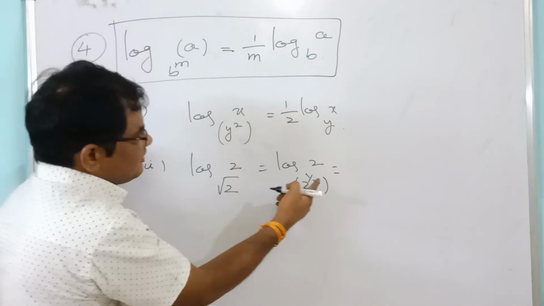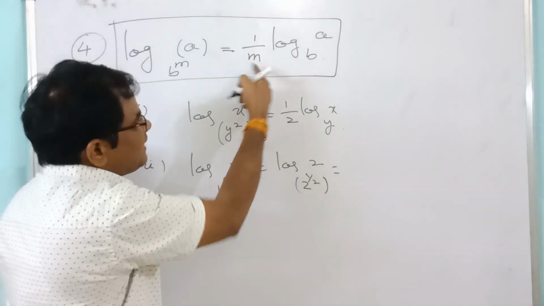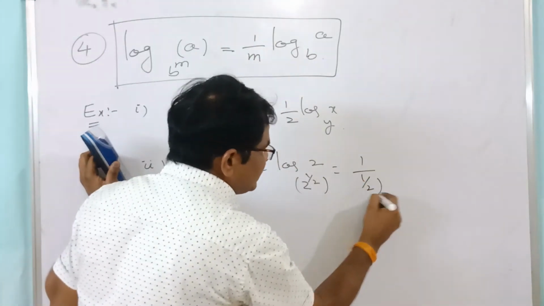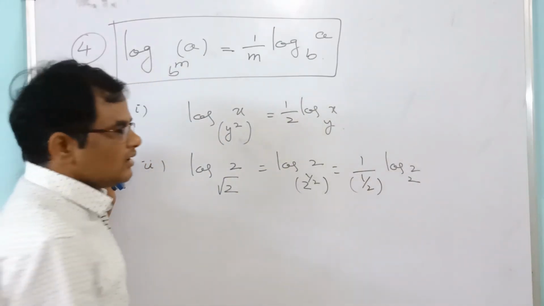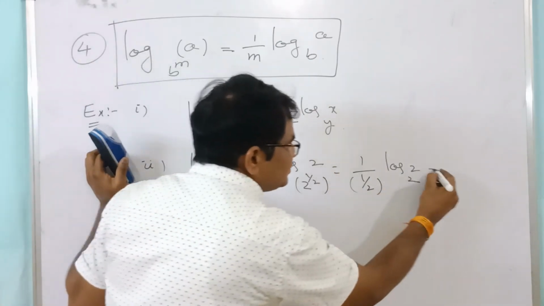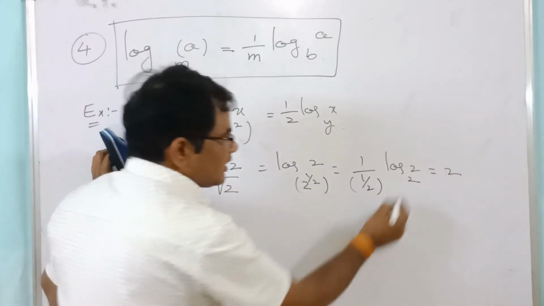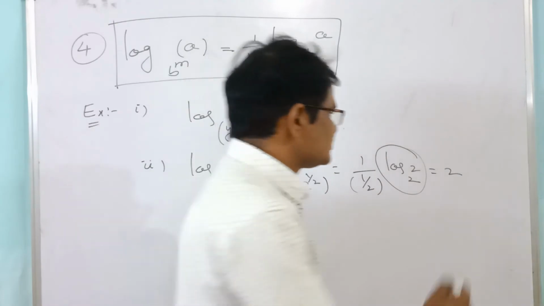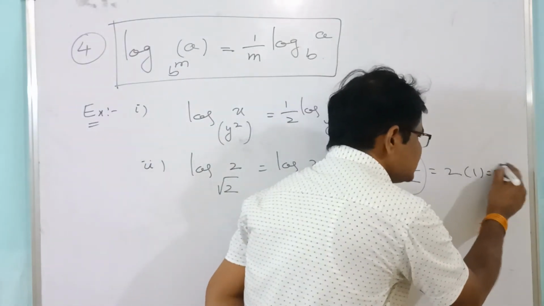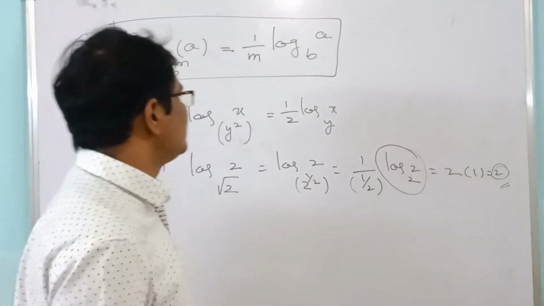So in place of m 1 by 2. How to write it? As 1 by 1 by 2 into log 2 base 2, log A base A. So this is 1. So final answer is 2. Like this we have to prove.